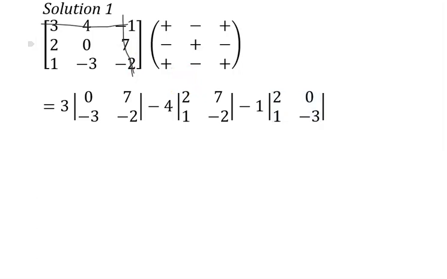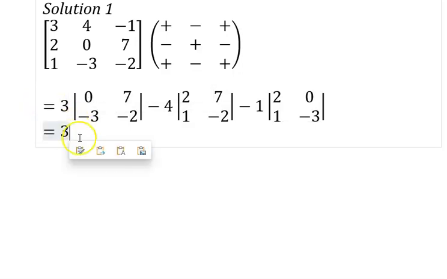So we are through with that, so we can now solve as usual, like our 2 by 2 determinant. So let's quickly do that. Now we have this.